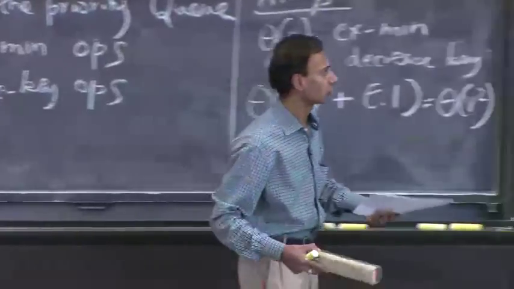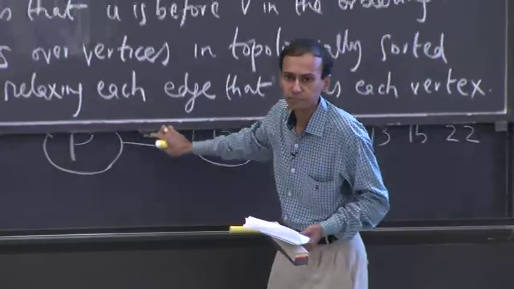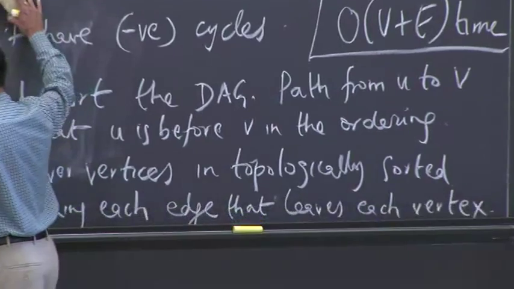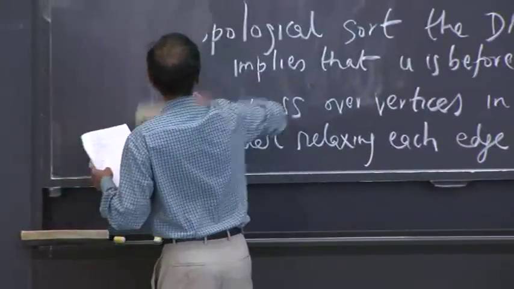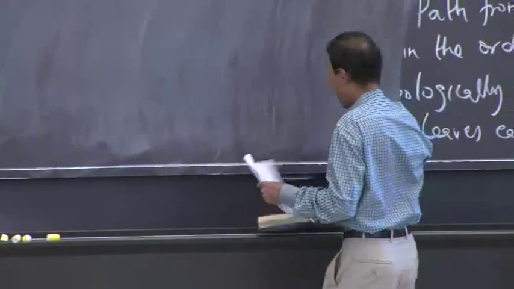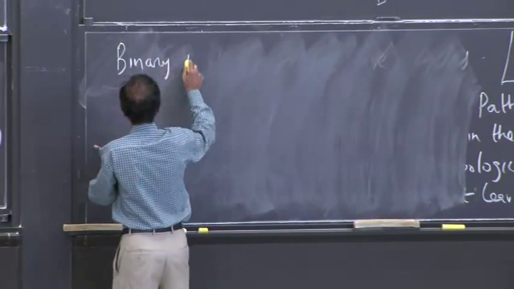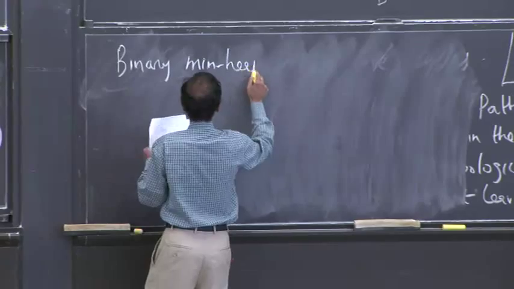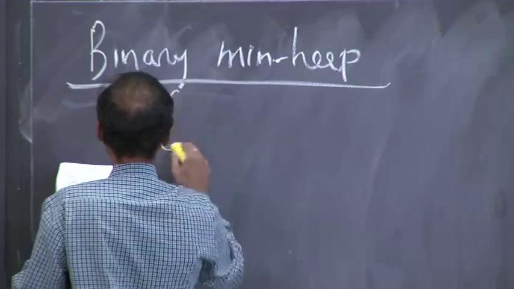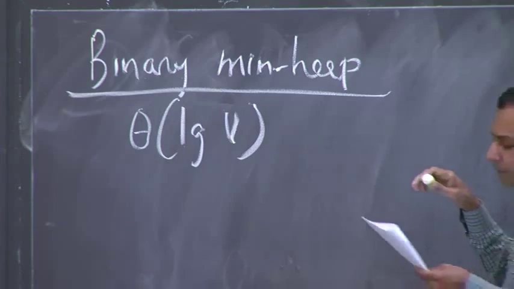But do we want to use an array structure? What data structure should we use? Yep. You could use a min heap. Exactly right. So if you use a binary min heap, then my extract min, finding the min is constant because you just pick it up from the top.